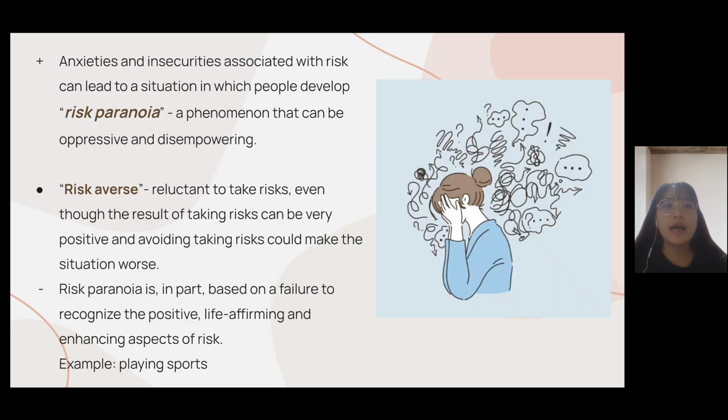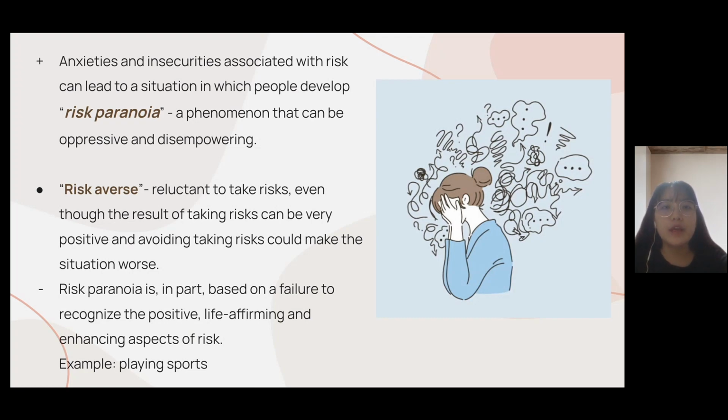Risk paranoia is in part based on a failure to recognize the positive, life-affirming, and enhancing aspects of risk. For example, playing sports. Some people might think that playing sport has a lot of risk, like risk of injuring oneself or others, risk of disappointment, embarrassment, or even humiliation.